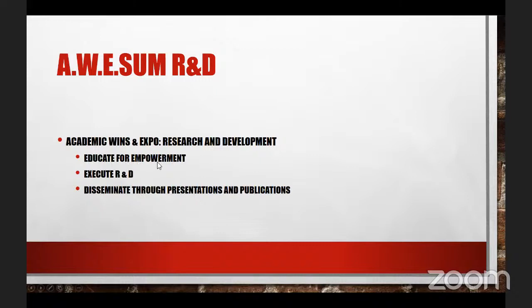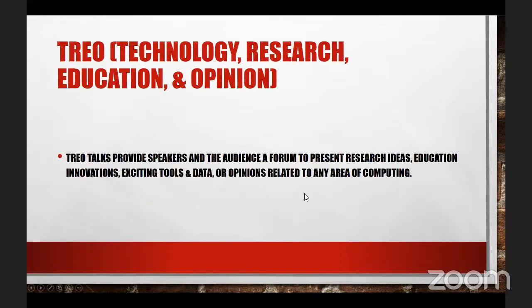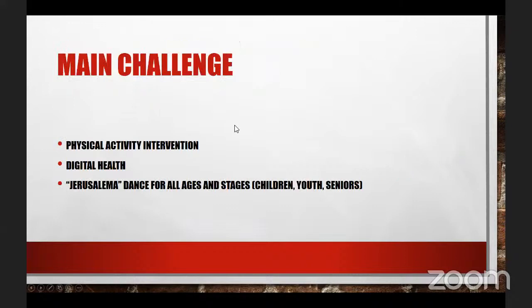And so the idea is this time to educate for empowerment, to execute research and development, and disseminate that research and development through presentations and publications. Trio talks are ones that provide speakers and the audience with a forum to present research ideas. So these talks are about technology, research, education, and opinions on any area of computing.